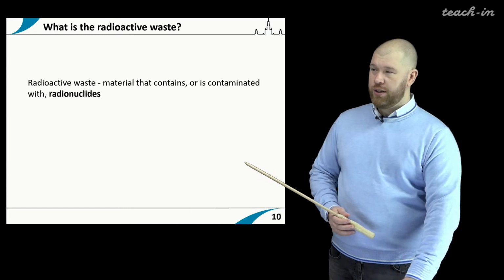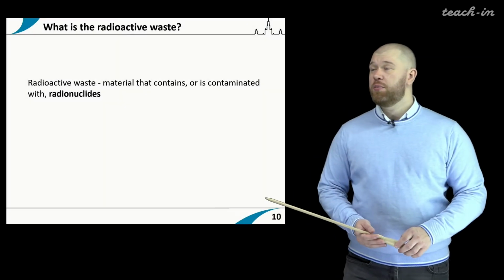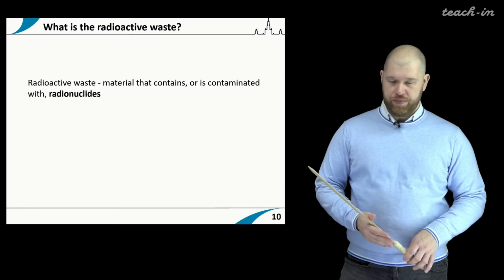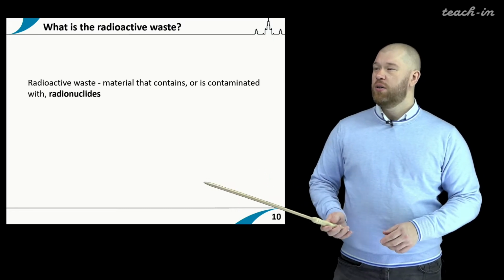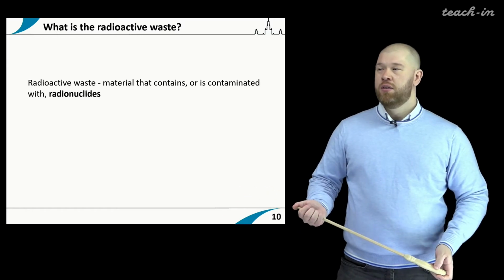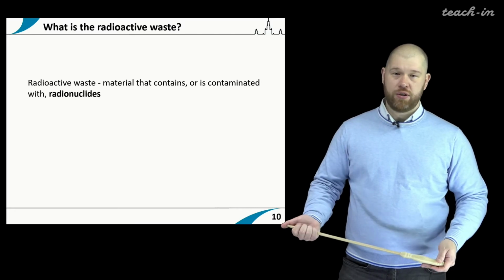And what is the radioactive waste that can be generated during the production of nuclear power? First of all, in the term itself, radioactive means that the material contains or is contaminated with radionuclides.